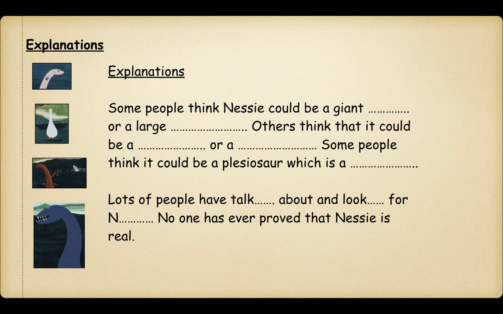Or the third image, there are two nouns, things in the water. The tree, it could just be a large tree floating in the water, or a seal. And finally, that creature in the last image is a plesiosaur, which is a type of dinosaur.